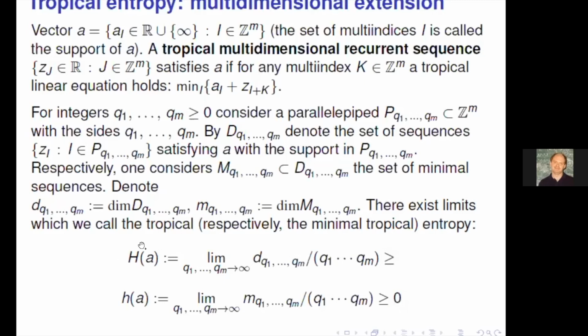So the entropy is the limit of the dimension over the volume of the parallelepiped, and similarly for M capital: dimension over the volume of the parallelepiped. The limits do exist, and we call them the tropical entropy and respectively the minimal tropical entropy.